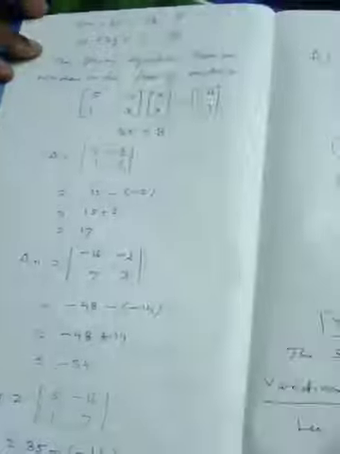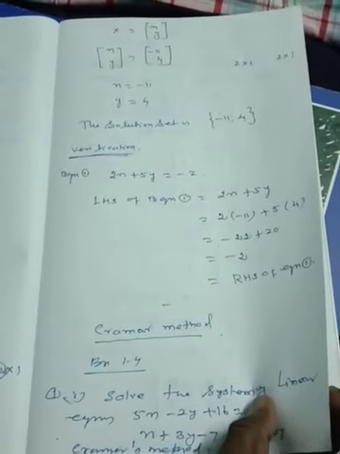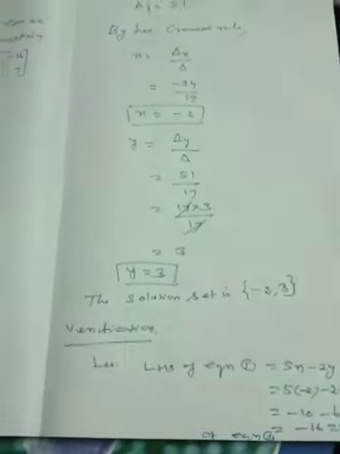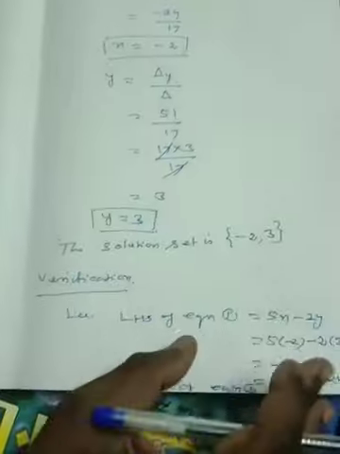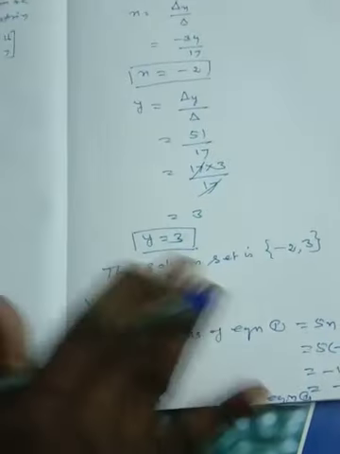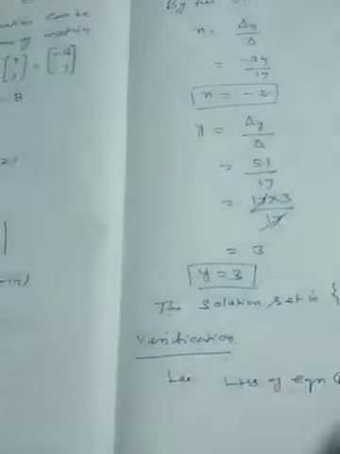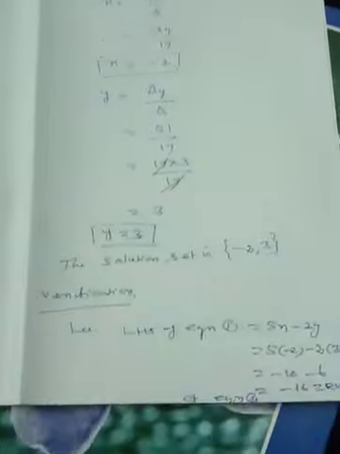There are two methods. One is, when two linear equations are given, using the matrix inversion method. Ax = B is the form, X is equal to A inverse B. First find A inverse, then multiply by B. We get capital X, which is small x and y.